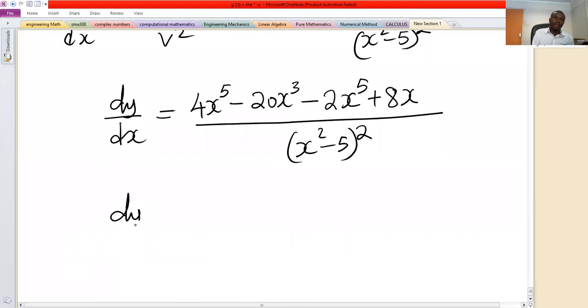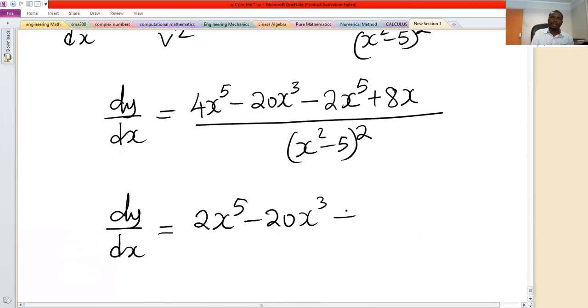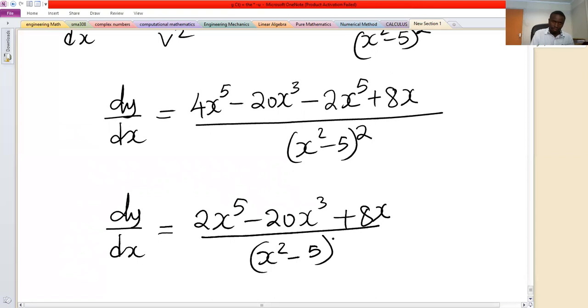So dy/dx will be (2x to the power 5 minus 20x cubed plus 8x) over (x squared minus 5) squared.